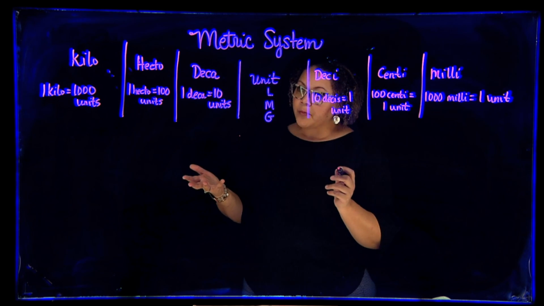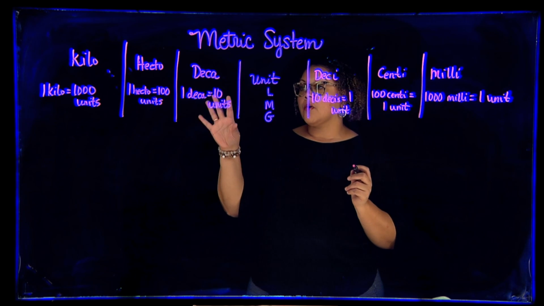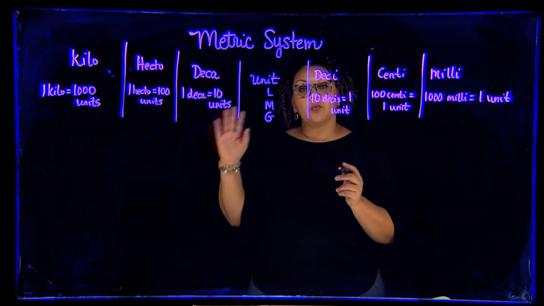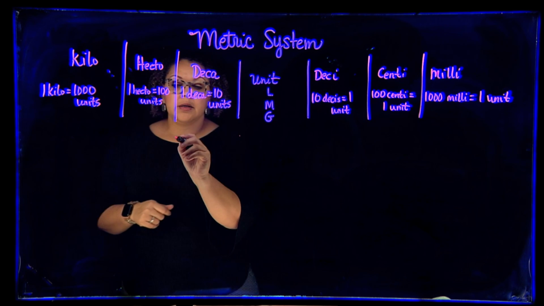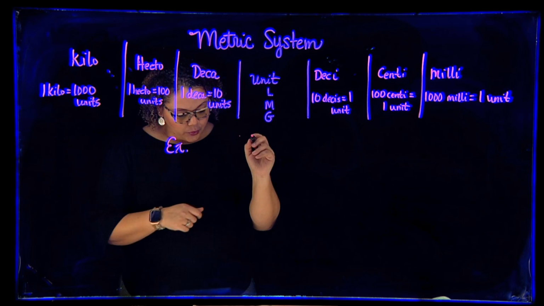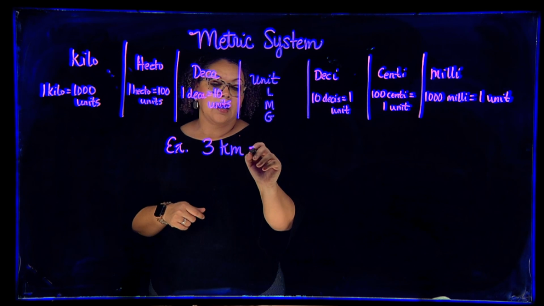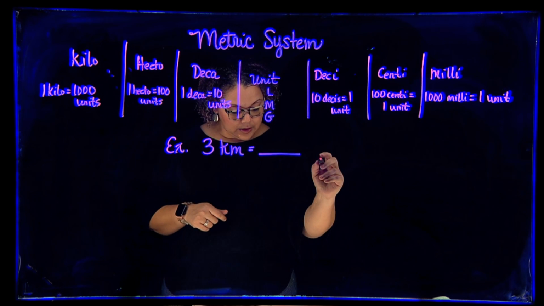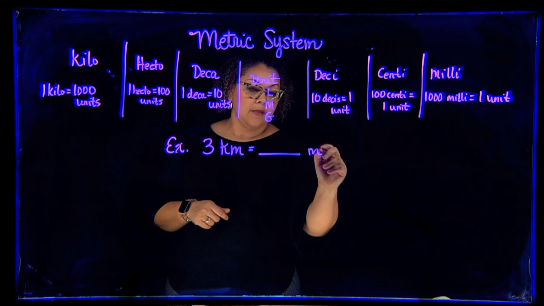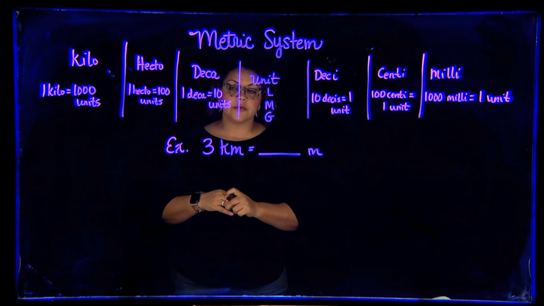So let's do a couple of examples of where we are going to convert from one unit to another. So in my first example, I'm going to start with 3 kilometers. And I want to know how many meters there are in 3 kilometers.